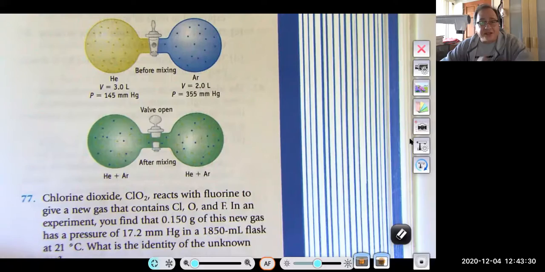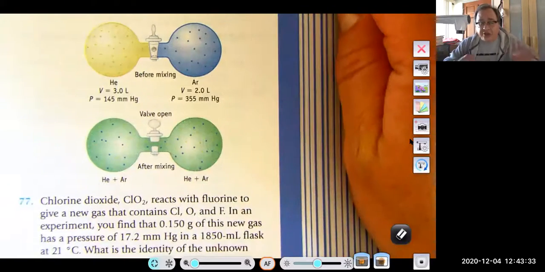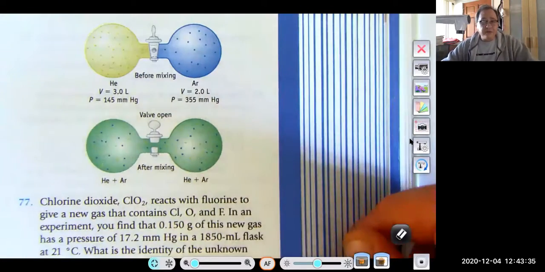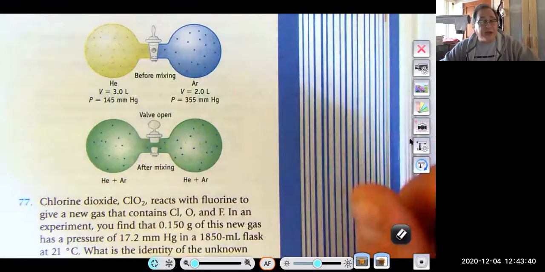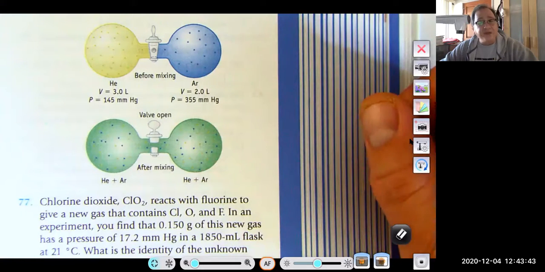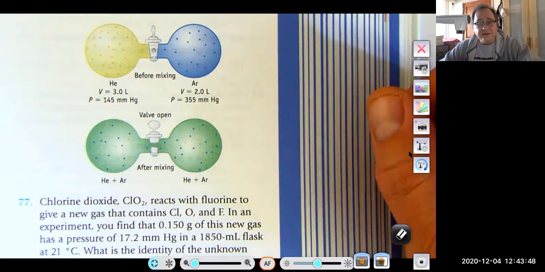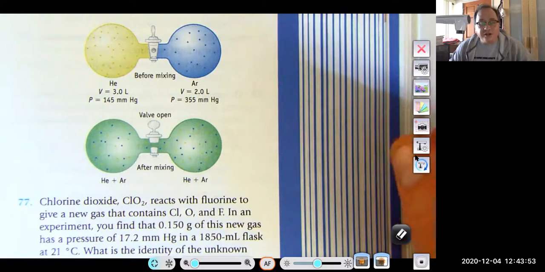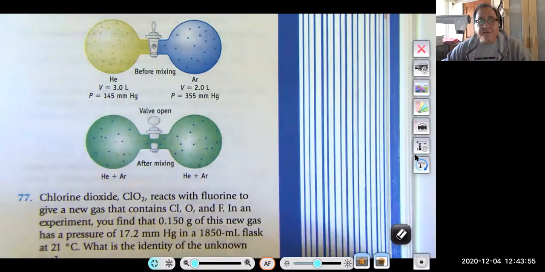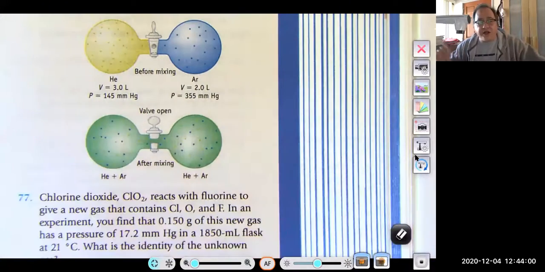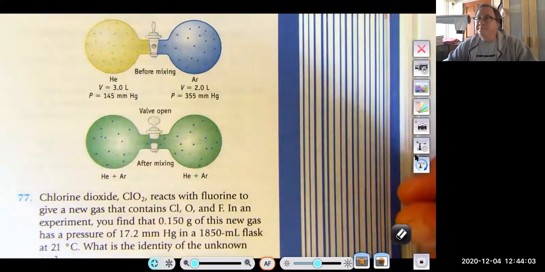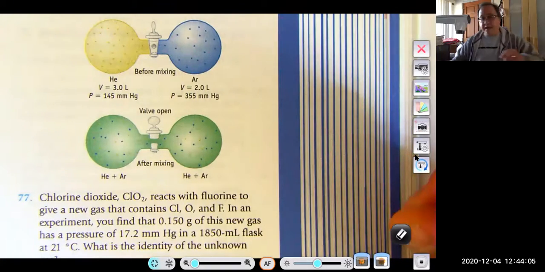And does it seem like the temperature is not going to change, so that falls out of the equation? The moles of helium gas do not change, so that falls out of the equation. So we end up with P1V1 is equal to P2V2. Does that seem reasonable? I'm going to get rid of your thumbs because I don't know if you think it's reasonable. Okay, solve the equation. Find out P2 for the helium gas if there's no argon in the right-handed bulb. Give me a thumbs up when you're done.